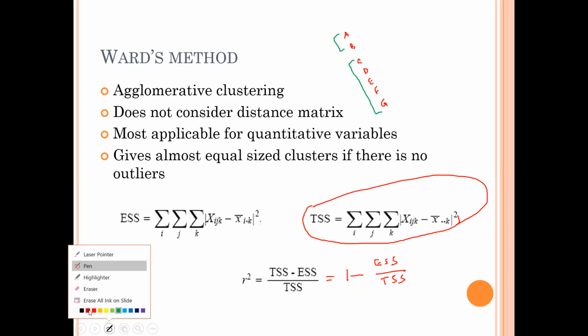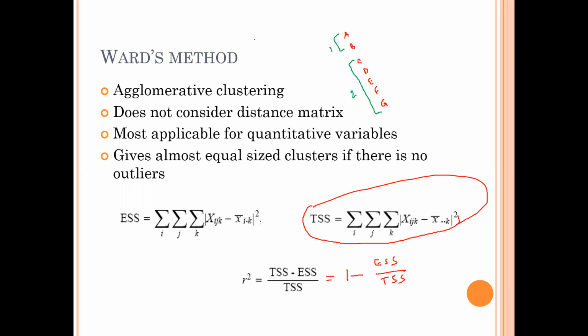So I am saying that there are two segments, 1 and 2, which is I. And in each I, there is some J. I is the segment identifier.